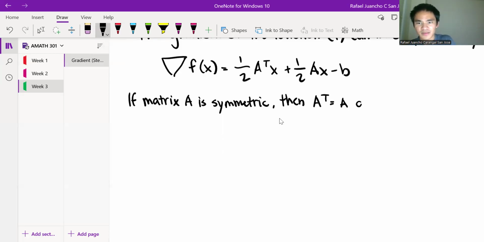Also, okay, here we go. And the gradient has a critical point. So something about calculus.